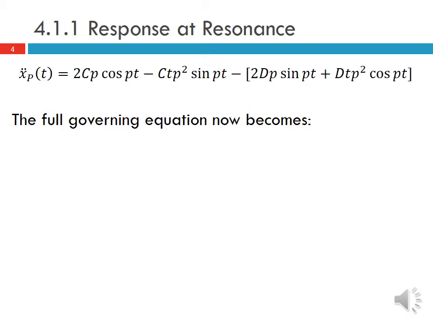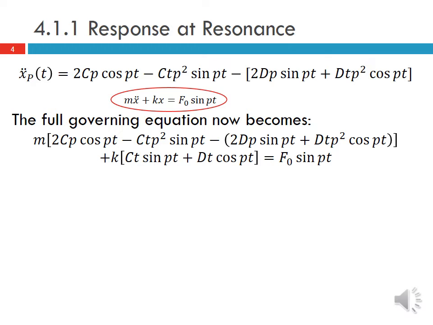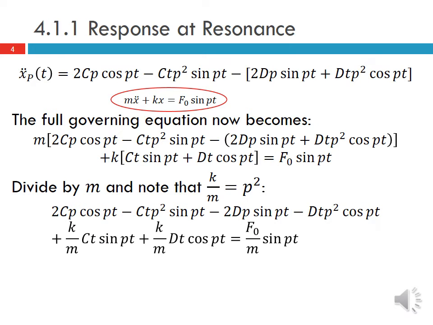Now if we plug this x_p double dot into the full governing equation, we have m x_p double dot plus k x_p is equal to f naught sine pt. Dividing by m and noting that k over m is equal to p squared, we can replace those terms with p squared.